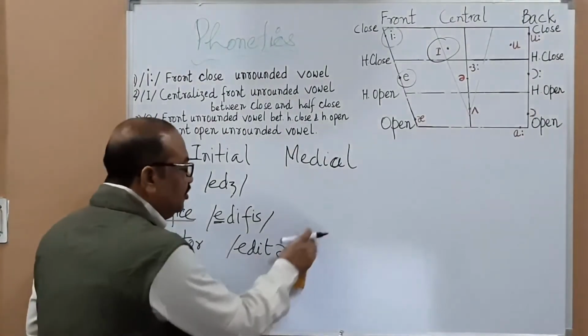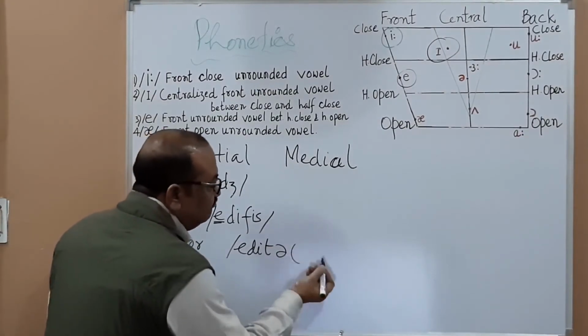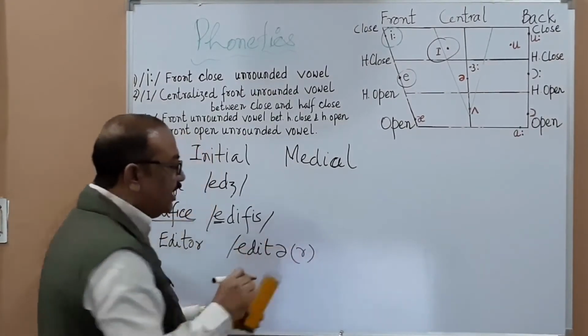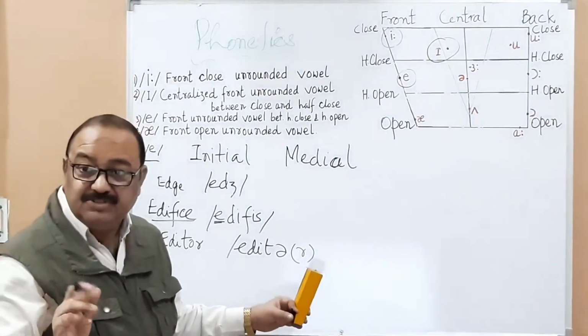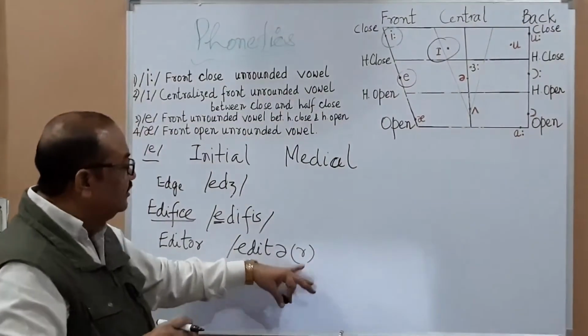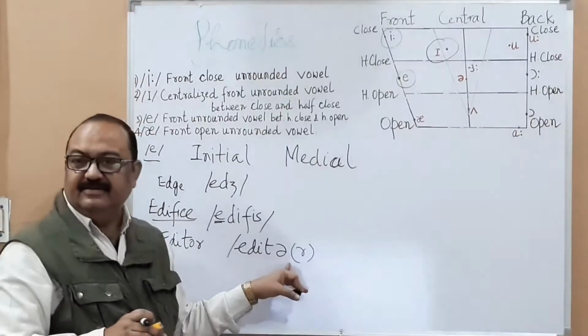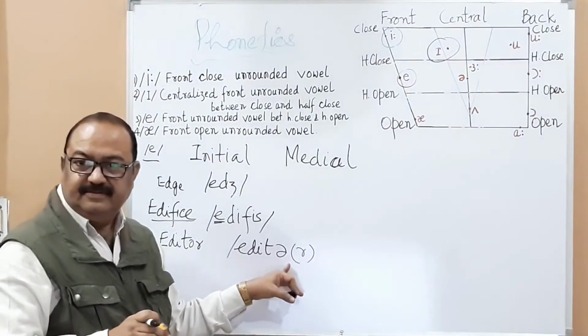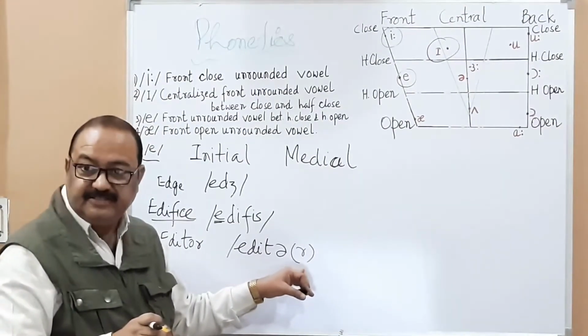And sometimes what do some writers do? They put R in brackets, but R is not pronounced. I have written it here so that you would know that the word is editor. But this is not pronounced. Remember this.